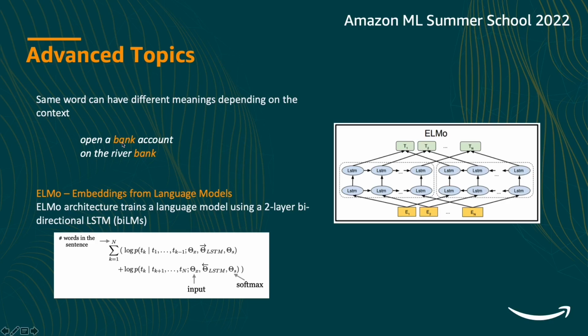Then forward language modeling provides context on the left hand side, and the backward language modeling provides context for the right side of the target word. Hence it is able to use the context around the target word to produce its embeddings.